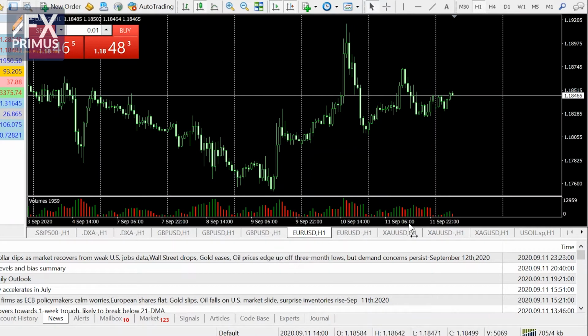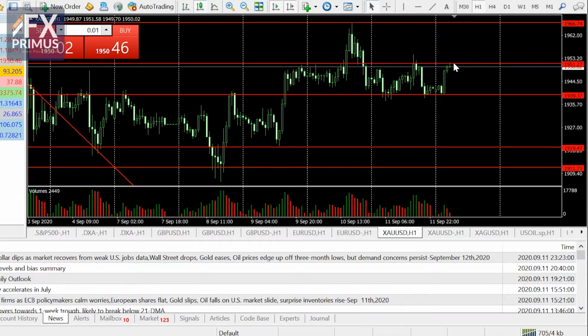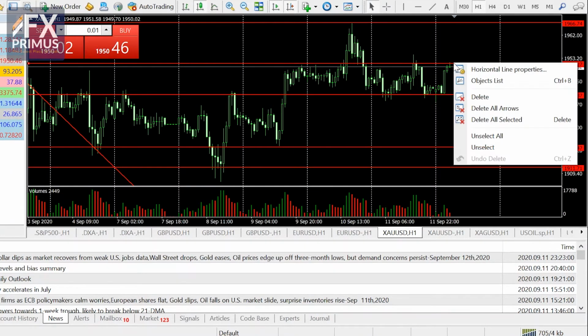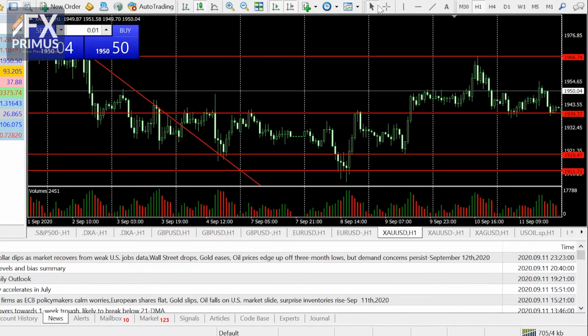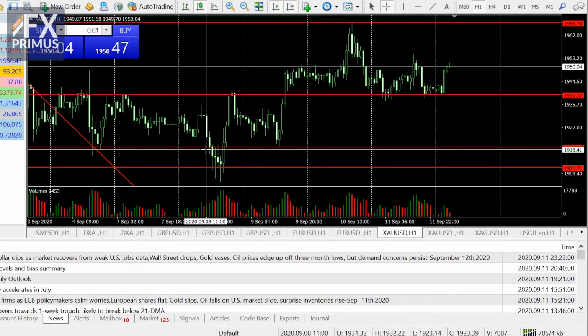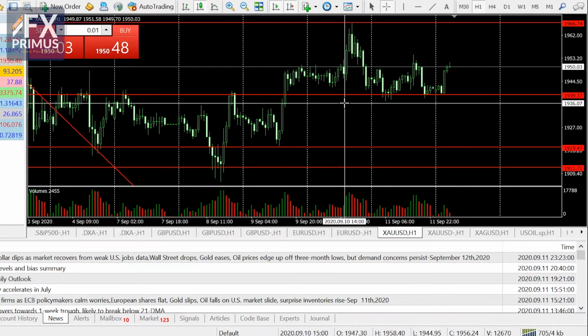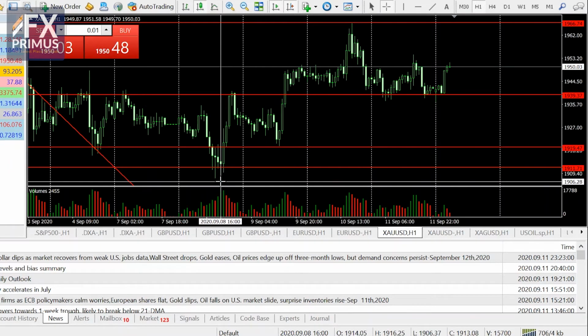Moving on to gold prices. Last week we saw gold consolidating after being very active on Tuesday, Wednesday, Thursday, and Friday. On Tuesday, it found support at 1906 levels and then moved all the way to a high of 1966 on Thursday evening.